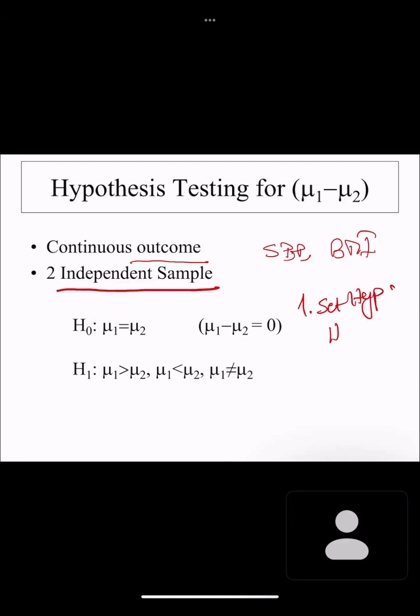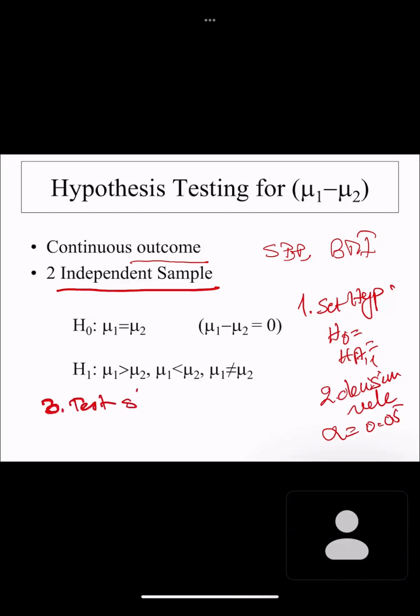So one, I set my hypotheses H0 and HA, we call them, or H1. Then, remember what we do second? Decision rule, which is alpha equal 0.05 or 0.01. And then 3, you do your test statistics.